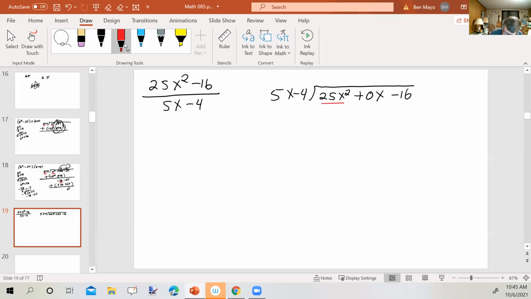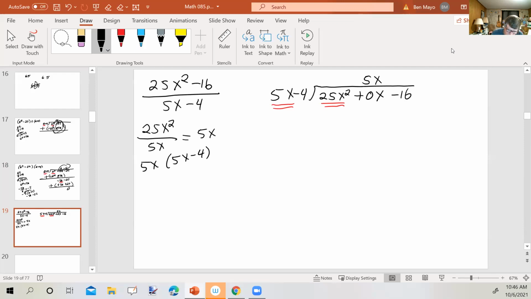Now I'm going to take the leading term inside divided by the leading term outside. 25x squared divided by 5x is 5x, which goes in the x column. Then we take 5x times the divisor, 5x minus 4. We get 25x squared minus 20x.